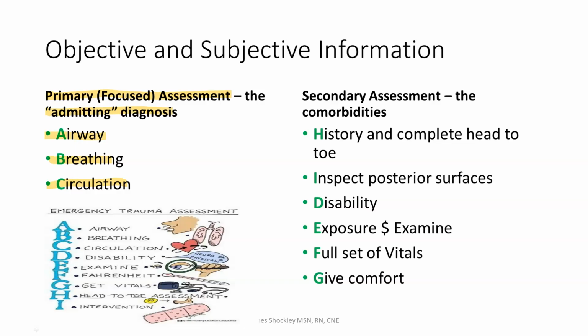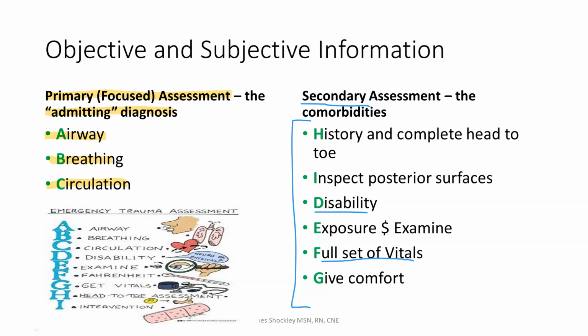So once you've completed your focused assessments, you can move on to your secondary assessments. These are your history and physical, your complete head to toes, finishing up bowel sounds, finishing up your neuro checks, your lung sounds, inspecting the skin, inspecting for any disabilities, exposures, if they've been near drowning, or if they've been in a fire, whatever it may be.